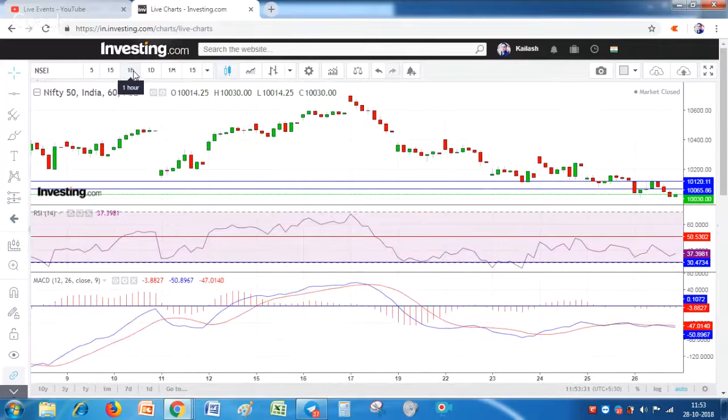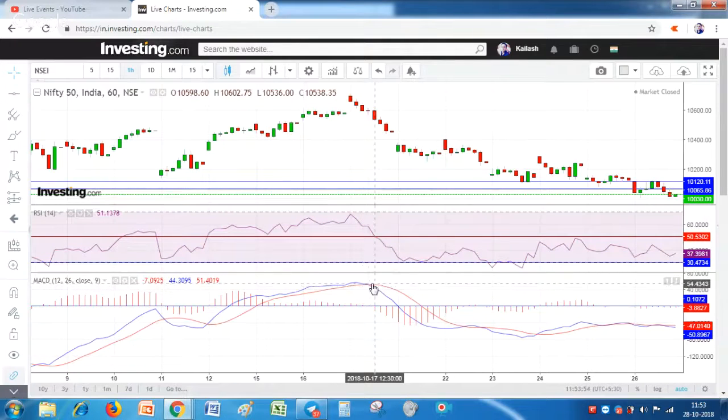So look at the 1 hour time frame. This Nifty has gone below 50, so it's a clear indication of weakness, friends. And you could see that there was a bearish crossover of this MACD.